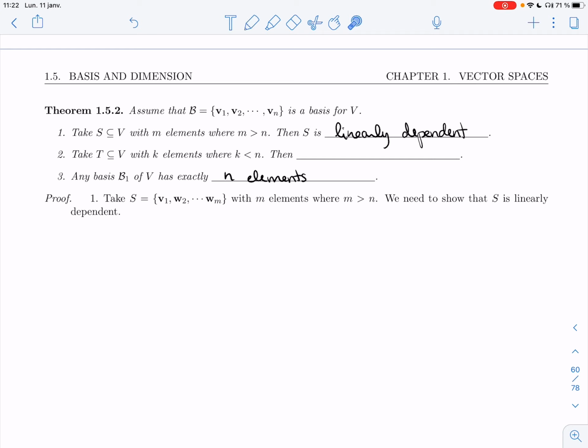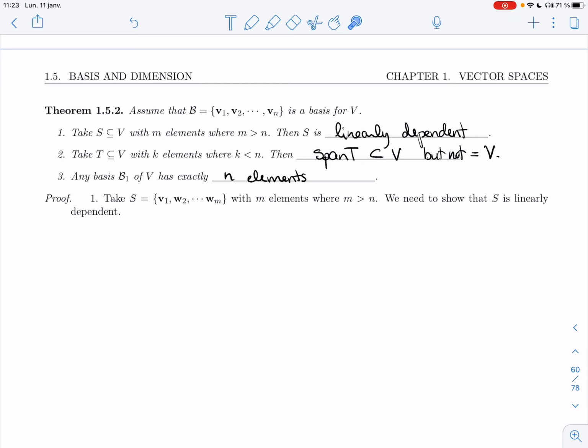And on the opposite side, if T has fewer elements than V, then the span of T cannot be all of V. So I'm going to write it as a proper subspace. It's contained in V, but it cannot be equal.